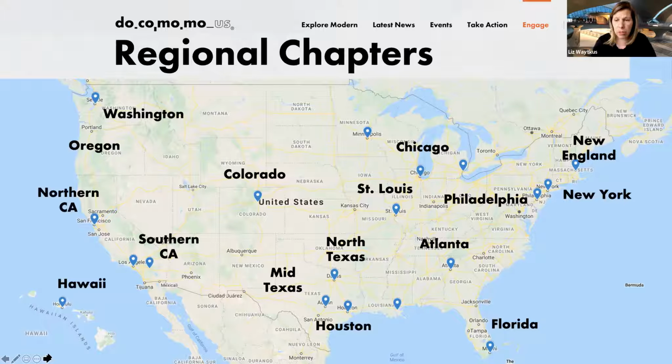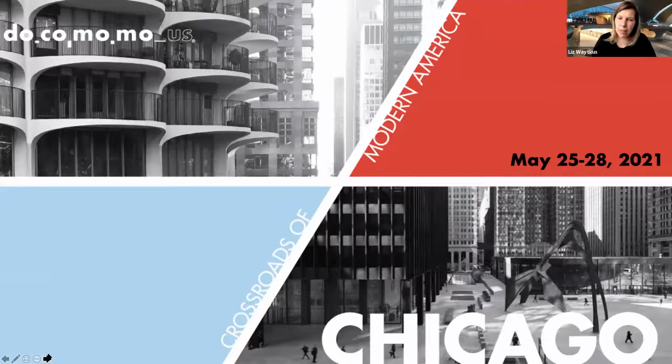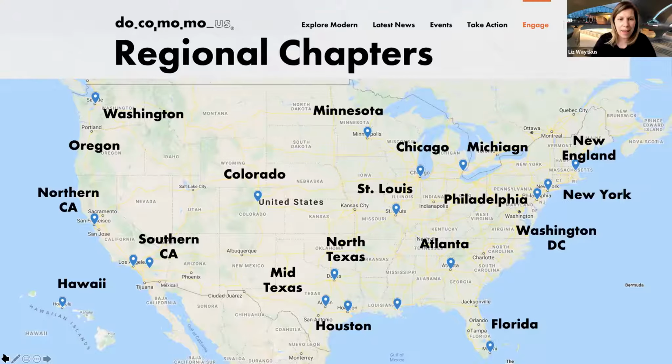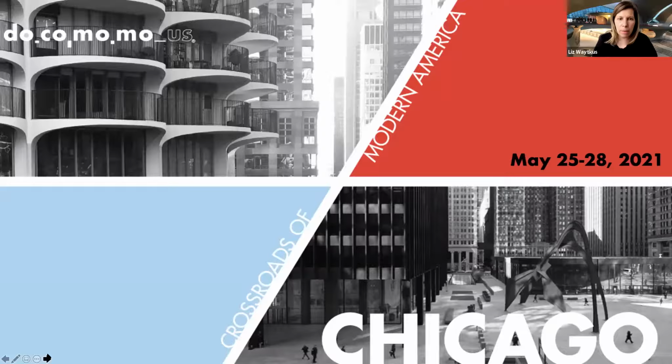The South is starting to fill in, certainly the Midwest, Minnesota, Michigan. Whoops. That happens every time when you click through a slide like that. You don't know when you're at the end. So we still have plenty of work to do. The number of chapters and friends, I believe, is at 18 right now. So we're definitely looking to add more voices and representation across the country.